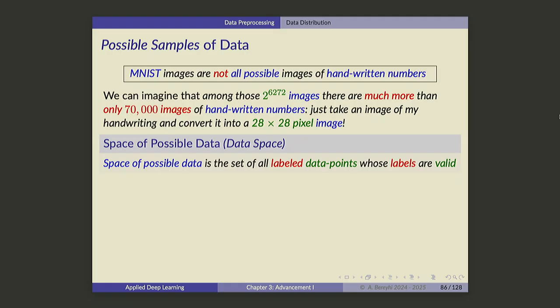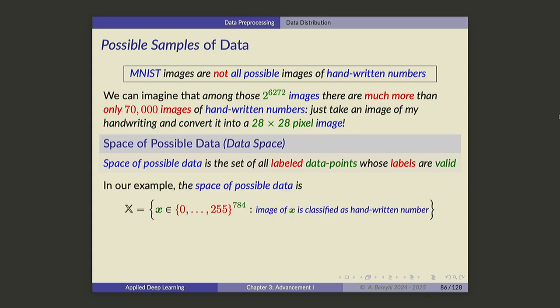And the set of all of them is the space of possible data, right? So in our example, it means that we have one of those big numbers, 2 to the power 6,000 roughly, of images which look like or can be classified as a handwritten digit, and they are all inside that set, right? And this is a very huge set, right?